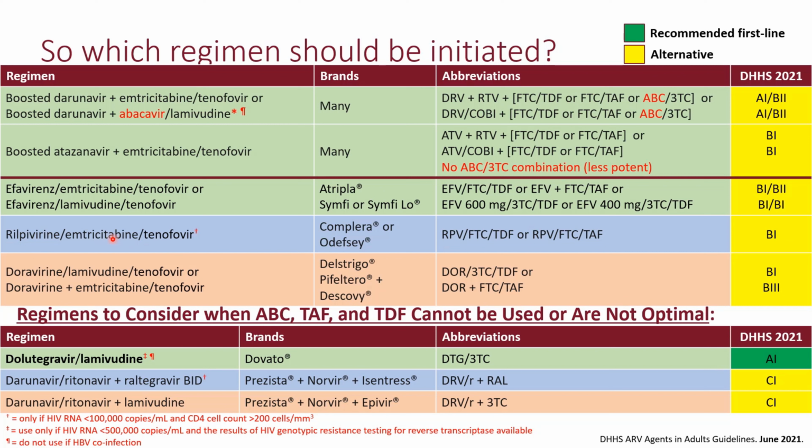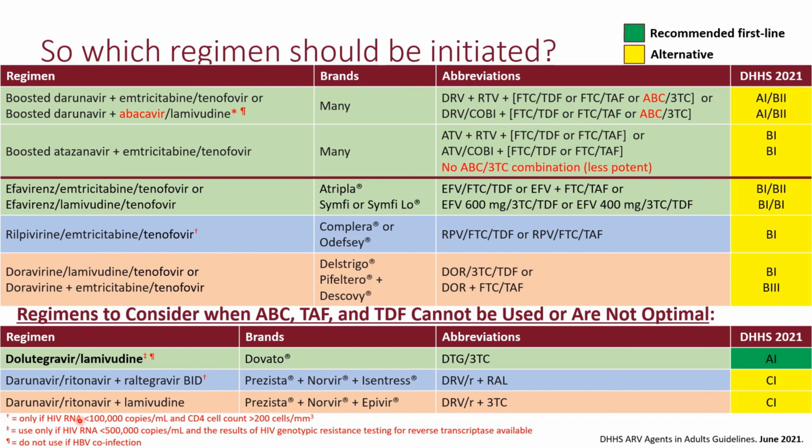And then we have the combination of rilpivirine as the non-nuke, and then 2 nukes as the backbone, emtricitabine and tenofovir. This option is no longer first line because, in order for rilpivirine to be effective, the viral load needs to be at baseline less than 100,000 copies, and the CD4 cell count has to be greater than 200.